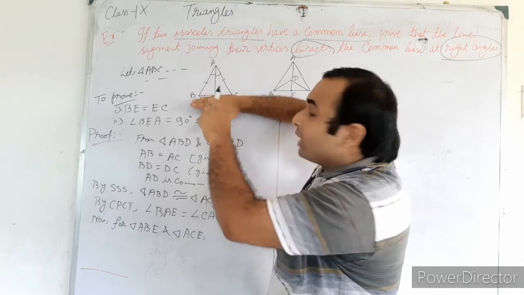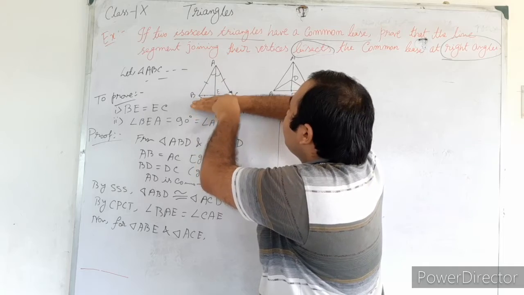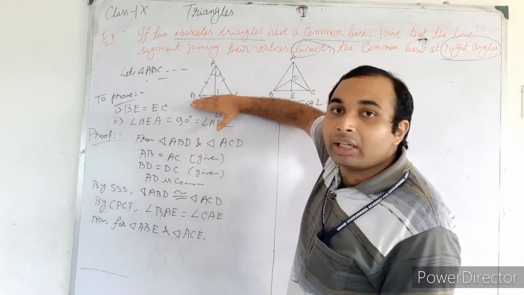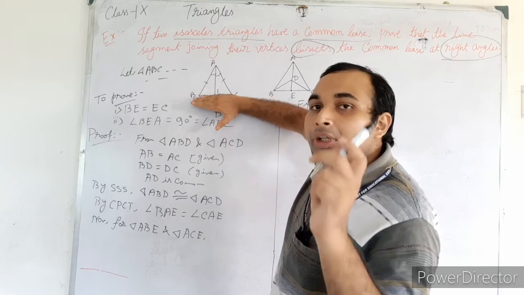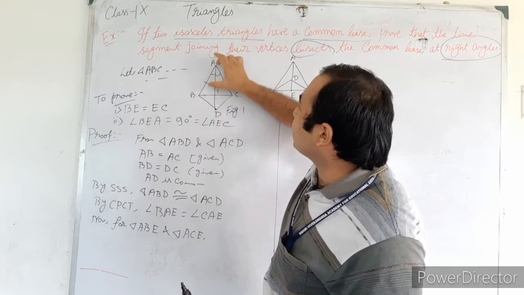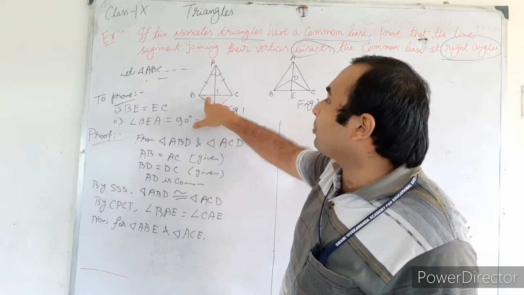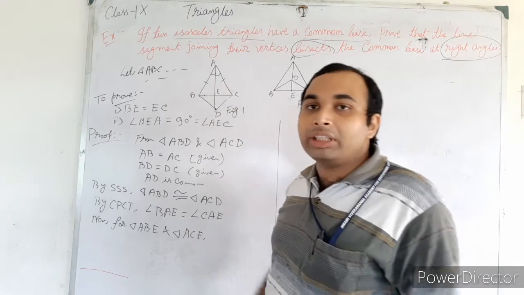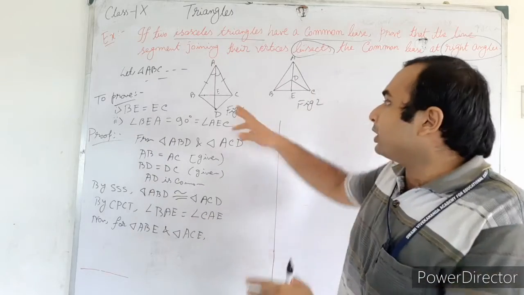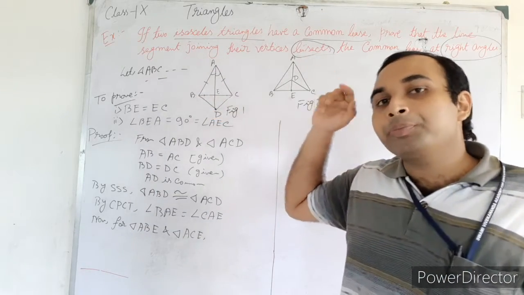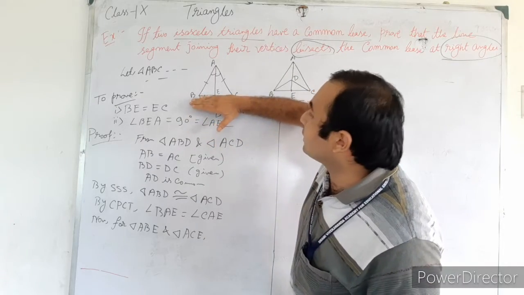Since the triangle is isosceles, this angle will also be equal to this angle, and we also get AE common. So from the SSS property we can directly say that those two triangles will be congruent. So obviously BE is equal to EC, and after that with the same results we can also say BEA equals AEC. We can prove it only from this triangle.